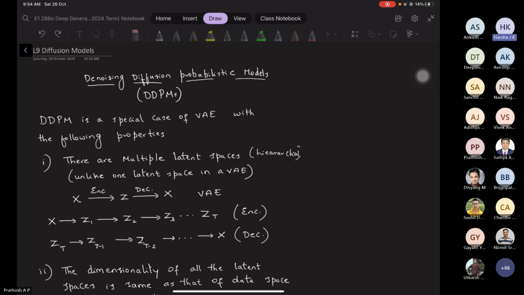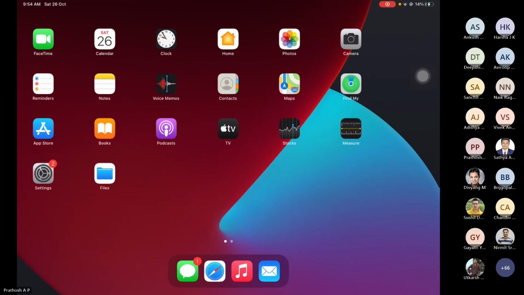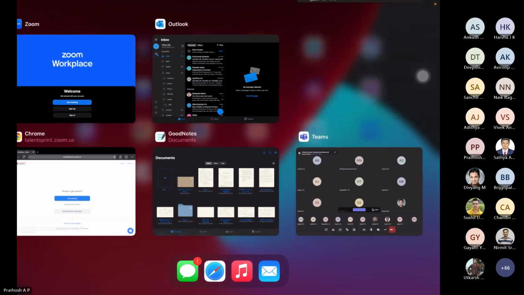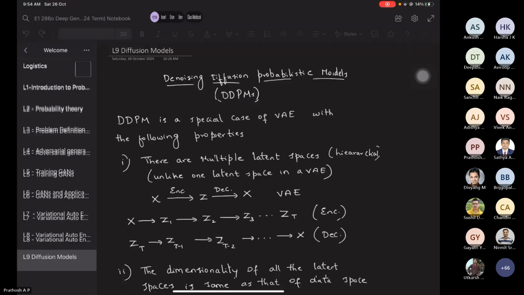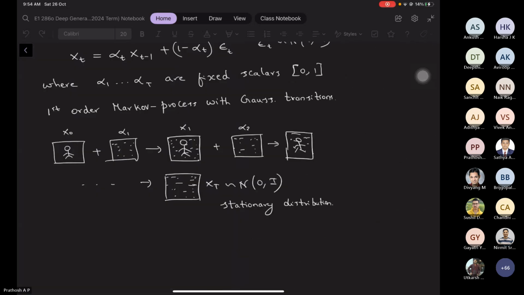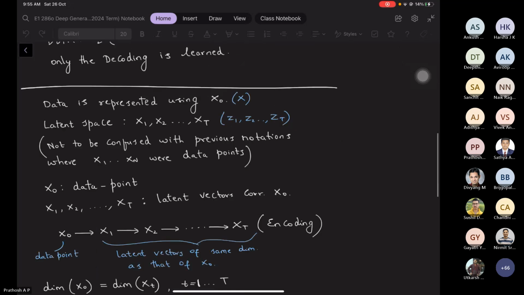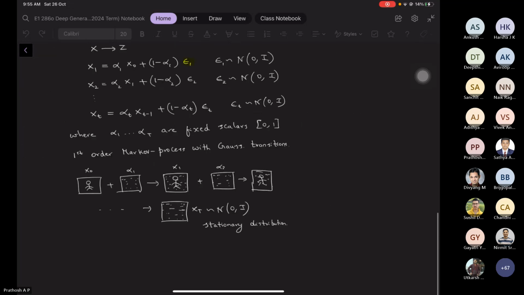You just restart the application, close it and restart. Oh, still not moving. Okay, now it's moving.